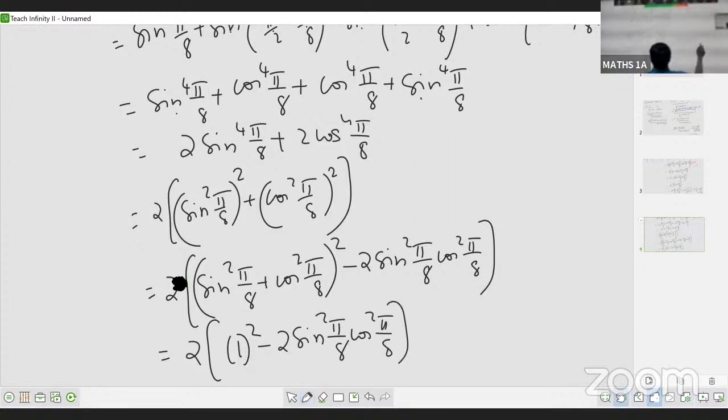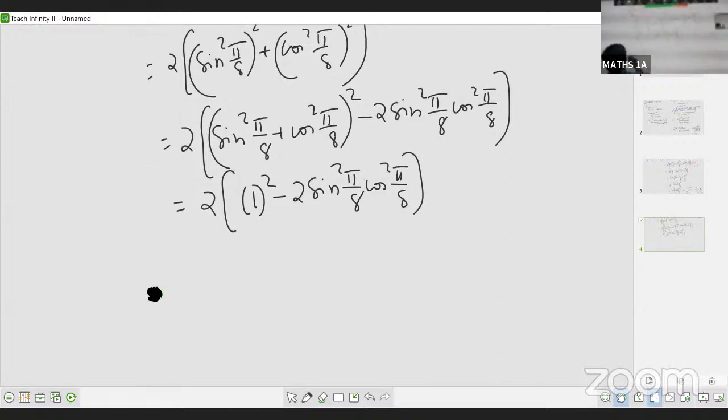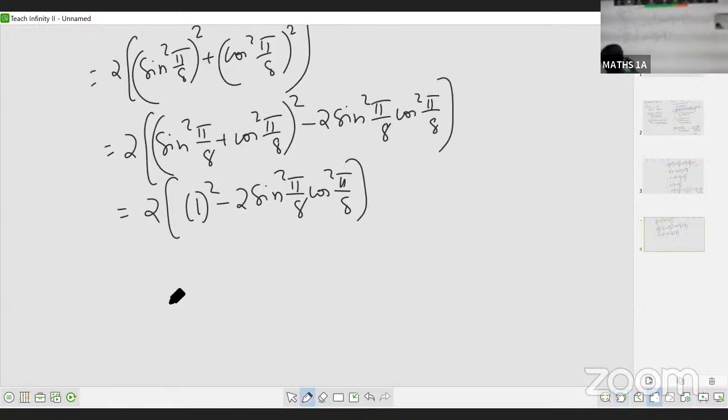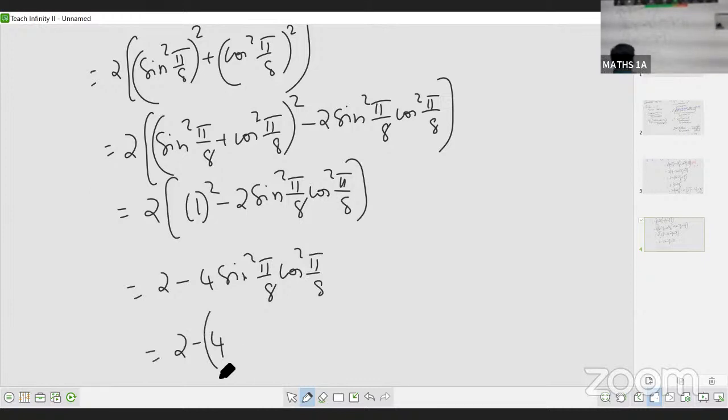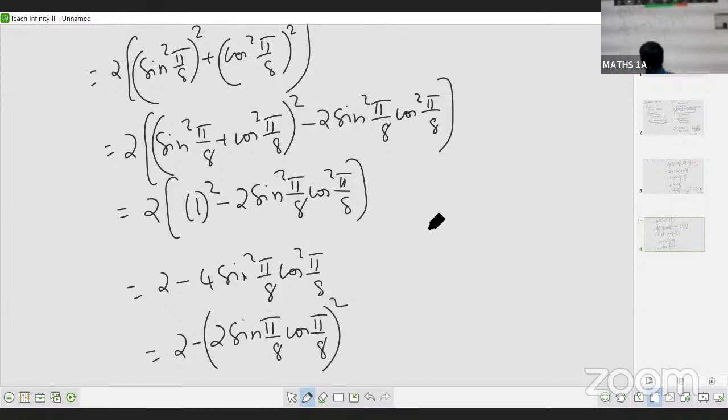Now I am going to multiply 2 inside. 2 ones are 2, minus 4 sine square pi by 8 cos square pi by 8. I will write it as 2 sine pi by 8 cos pi by 8 whole square, correct?